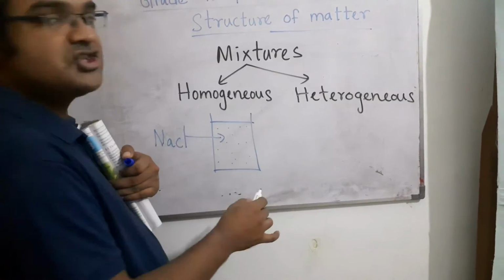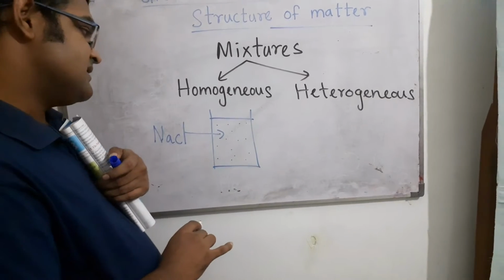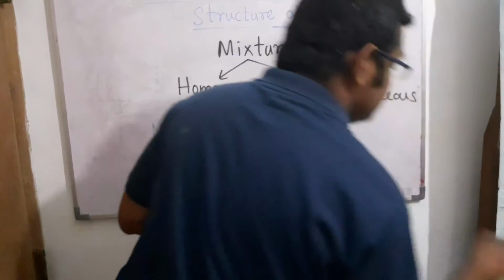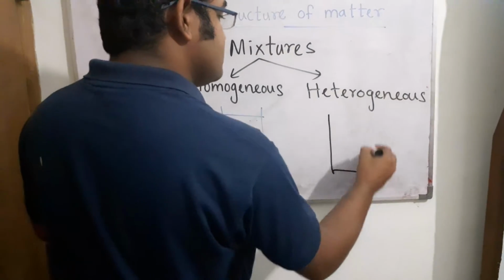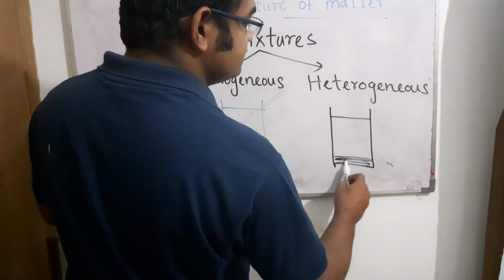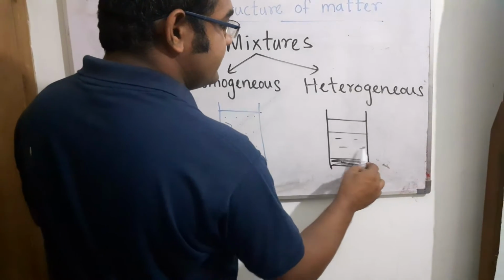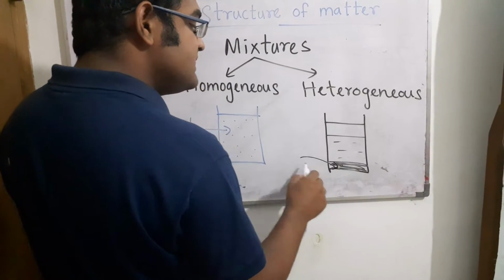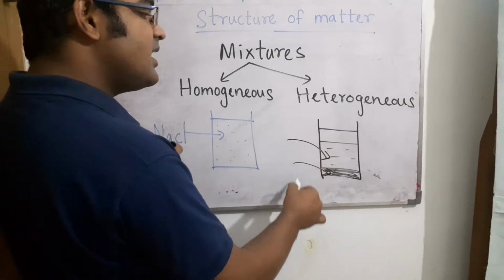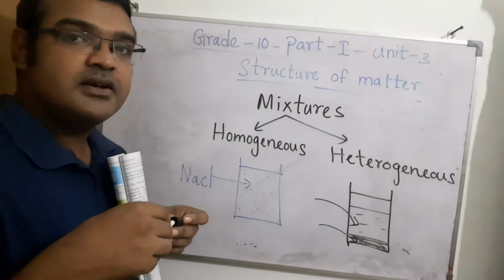The composition everywhere in the mixture is the same in homogeneous mixtures. But if you mix something like soil in water, there would be sediments down and the upper layer will be clear. So the composition here is different from the composition there. The composition everywhere in the mixture is not the same, so it is a heterogeneous mixture.